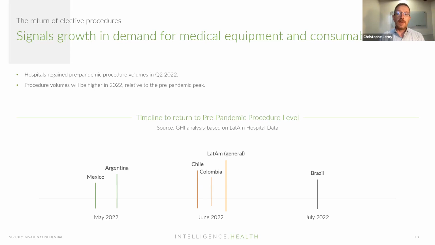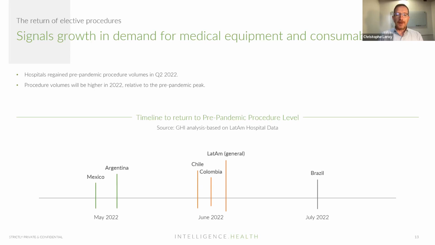And so we expect that by the end of the year, it'll be higher than it was before the pandemic, and this growth trend will continue into 2023. Now, this has a number of implications, foremost amongst which is for planning purposes. So for anybody forecasting sales and marketing initiatives for the next year, this is an important data point to underpin your assumptions.